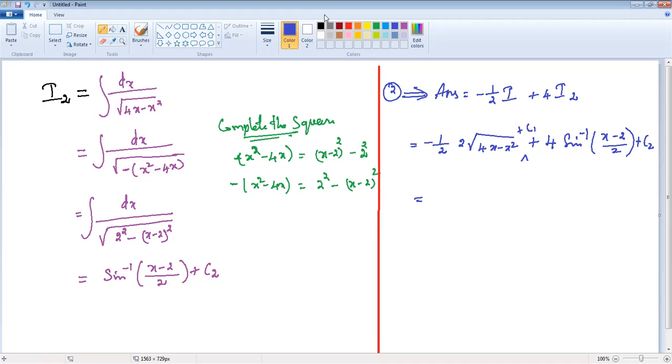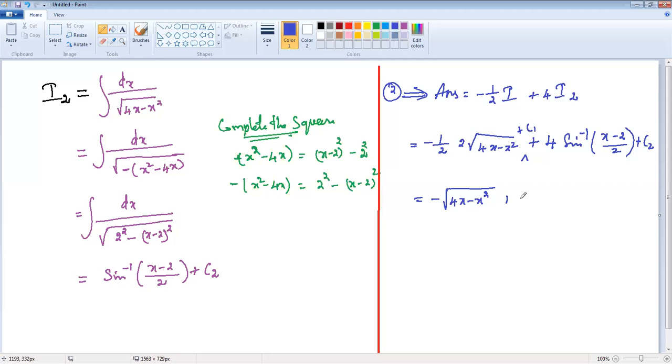That is equal to, so that's all is the answer.